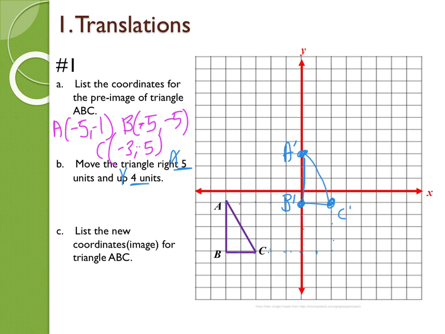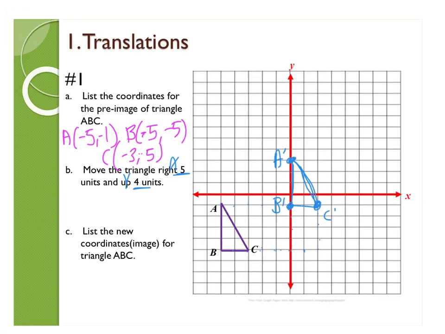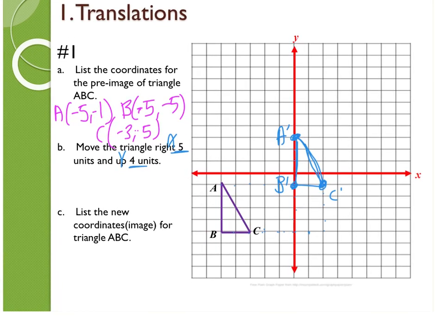Draw your triangle. Not the best line. So it says number C says list the coordinates image for triangle ABC. So this actually should be list the new coordinates for it. So we have A prime 0, 3, B prime 0, -1, and C prime 2, -1.